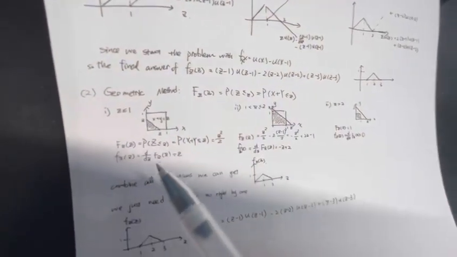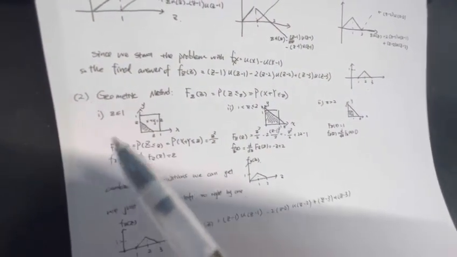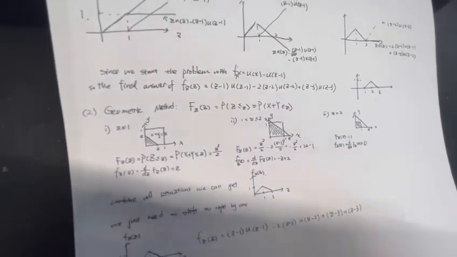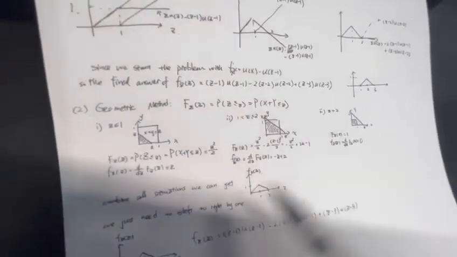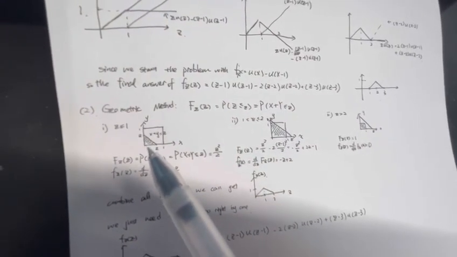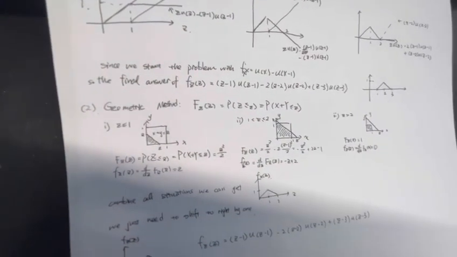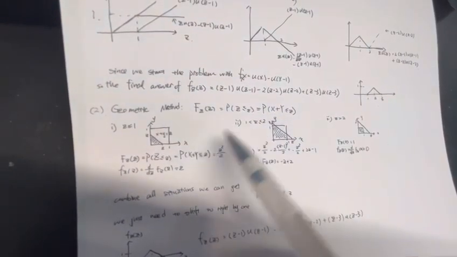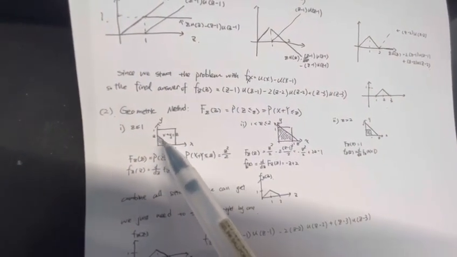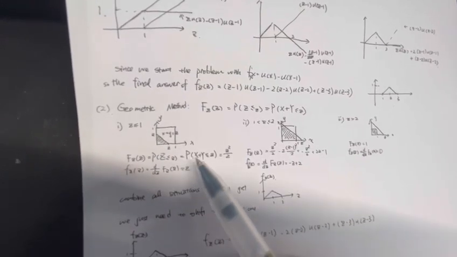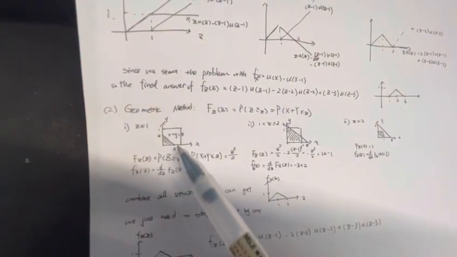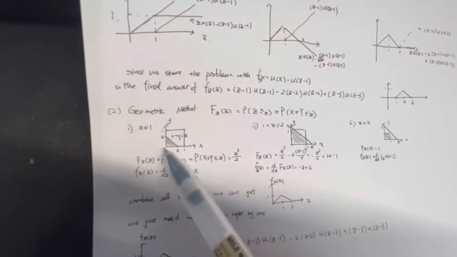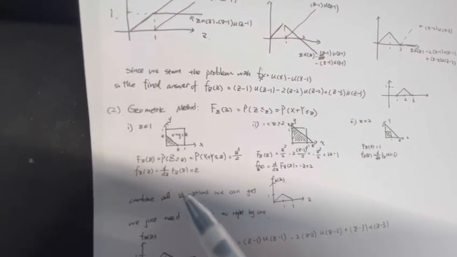I'm going to divide this question into 3 situations. The first is when z is less than or equal to 1. So the probability is the area of this part, which equals z squared divided by 2, since this area is a triangle.